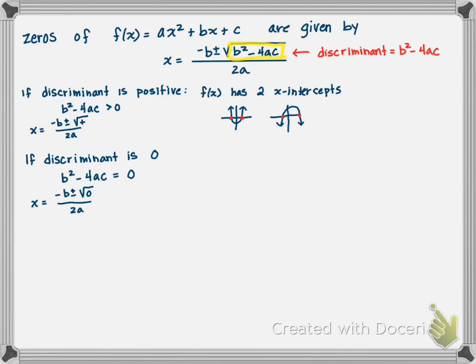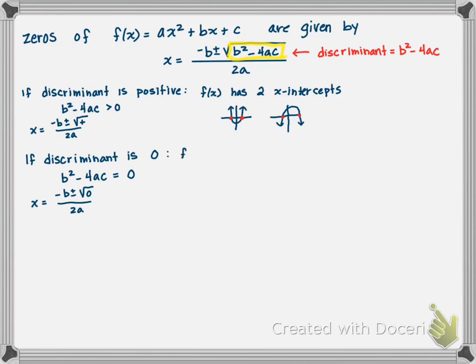What's going to happen here when I do negative b plus 0 and negative b minus 0? What do you get when you add 0 to negative b? And what do you get when you subtract 0 from negative b? So you only get one number, right? Because adding and subtracting 0 gives you the same thing. It almost eliminates the part that uses the plus or minus. And so we only get one solution for x.